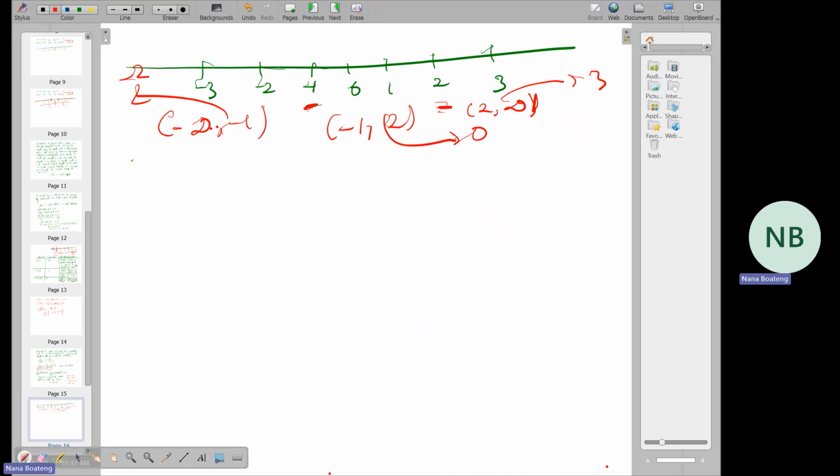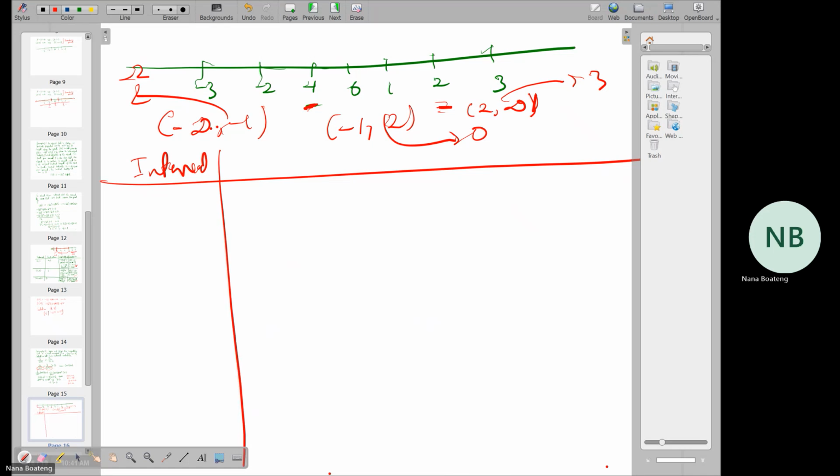So let's write up our intervals and our test values, and our f of x is equal to 3 divided by x plus 1 minus 3 divided by x minus 2.